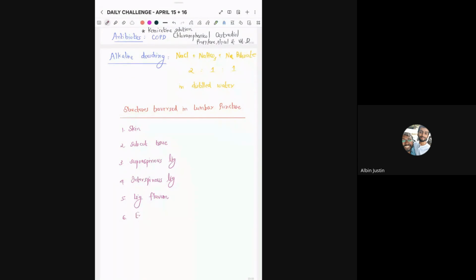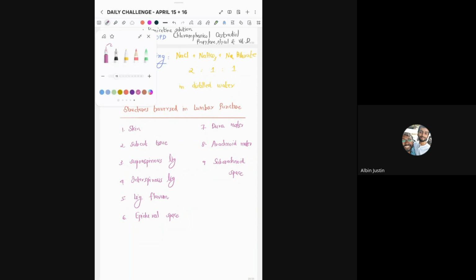Then you have the epidural space. Then you have the dura mater. Then you have the arachnoid mater. Then you have the subarachnoid space, where you get what is called the CSF. Very important.